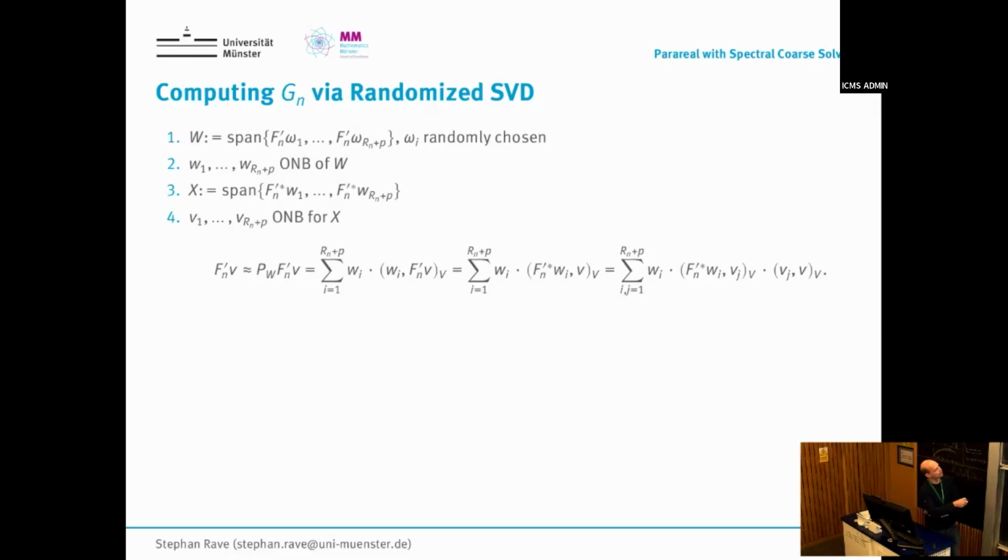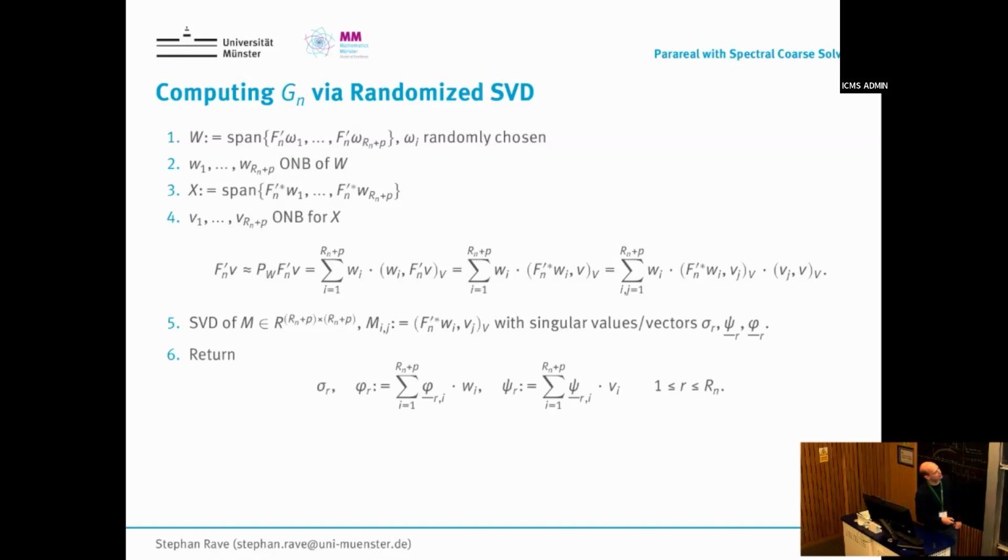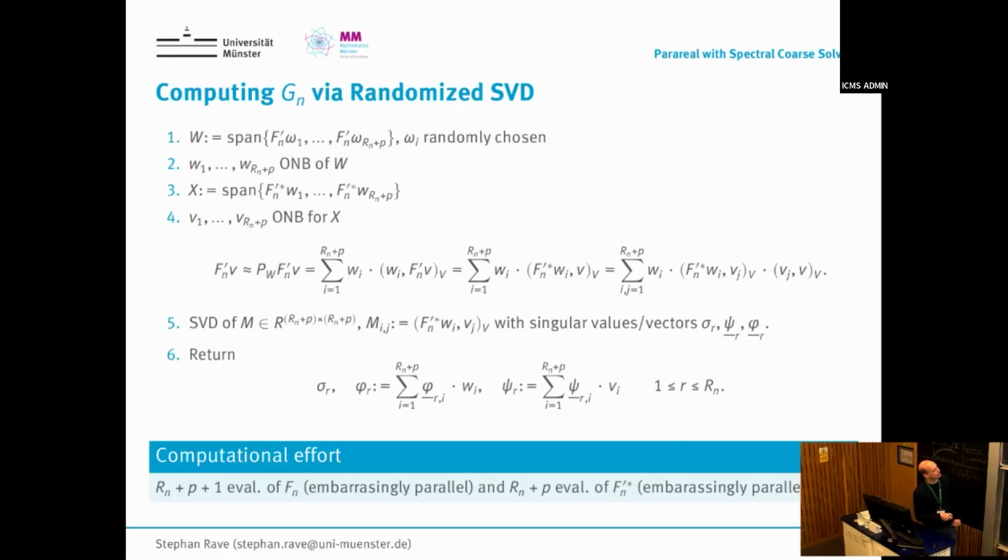If you do this approximation and expand everything in this V and W basis, you end up with this, where in the middle you have a small dimensional matrix. You then compute the SVD of this matrix and take its right and left singular vectors and form linear combinations with these basis vectors, and then you have the randomized SVD of the operator. Yeah, so a relatively computationally very simple approach.